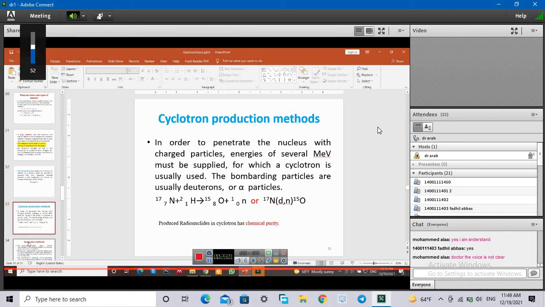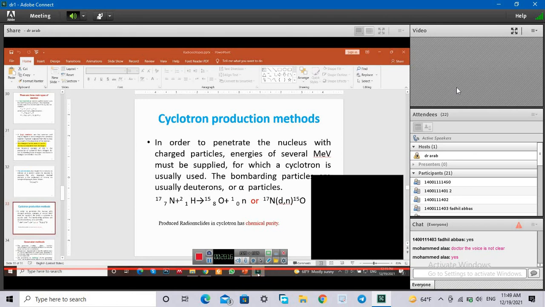Okay, do you understand the main difference between the cyclotron and reactor? Yes or no?